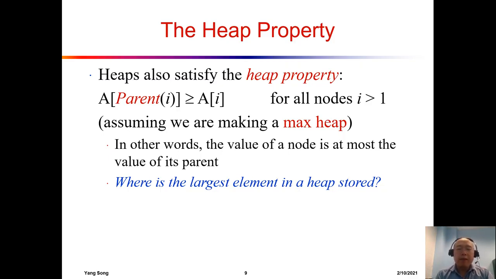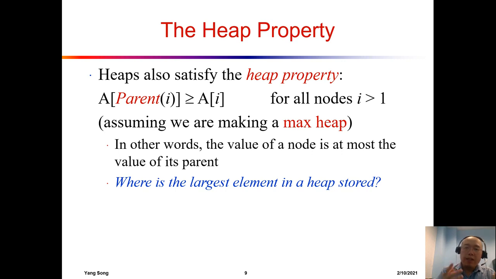Now let's talk about the heap. Another property of the heap is that we want to enforce a rule. The rule is for each parent-child pair, the parent is always greater than or equal to the value of the child. This should be true for all parent-child pairs. If we enforce this rule for all the possible nodes, then we have a max heap.